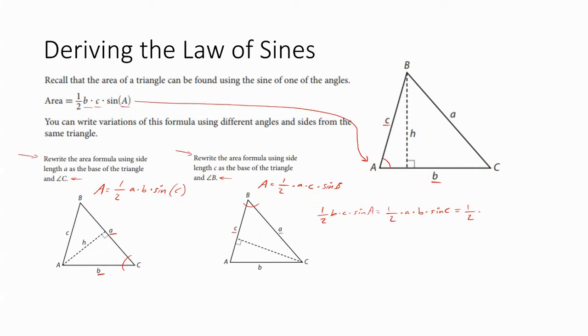And then lastly, 1/2 times A times C times sine of angle B. They all have to equal each other.